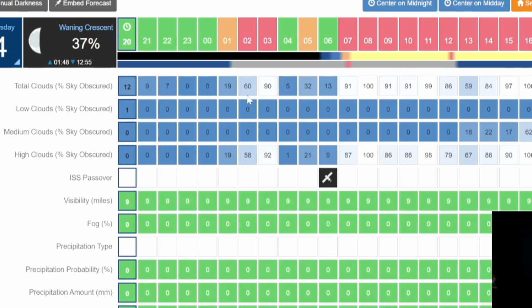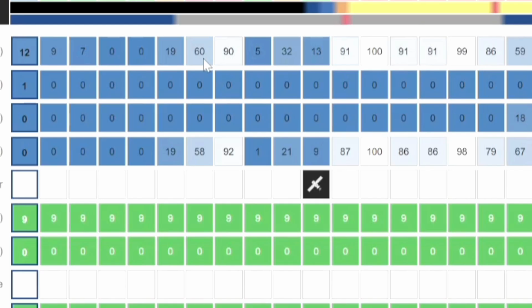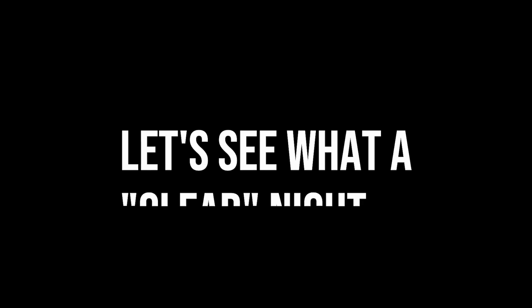Okay, and this is what you are looking for. The darker, the better, okay? So when you get other tones of blue here, like a lighter blue and 60, it means that there's going to be a lot of clouds. It's going to be 60% total clouds.